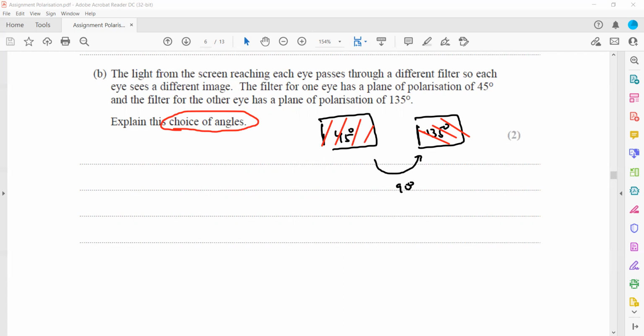When we select 45 and 135, the angle difference between the two polarizing filters is 90. So light from one filter will be blocked by the other filter. Light aligned or intended for one filter cannot transmit through the second filter. So when we write the answer, we'll mention the angle difference is 90.